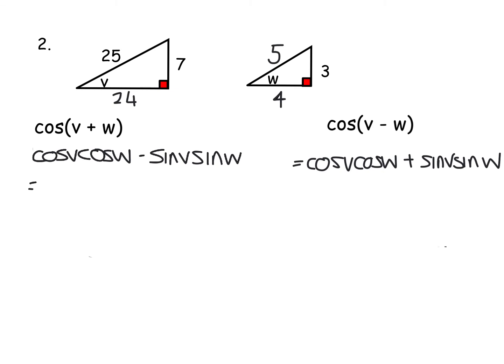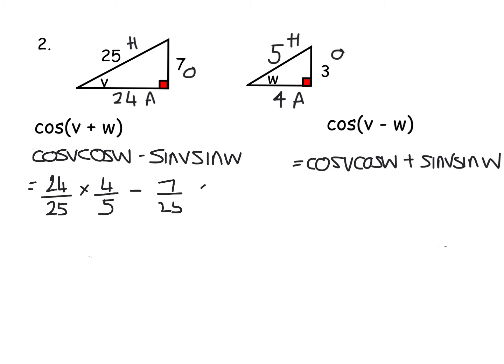Right, let's get some numbers in then. So cos of V would be, remember this is opposite, adjacent, hypotenuse, so cos of V would be 24 over 25. Cos of W would be 4 over 5. And we'd be taking away sine of V, which is 7 over 25, times sine of W, which is 3 over 5.